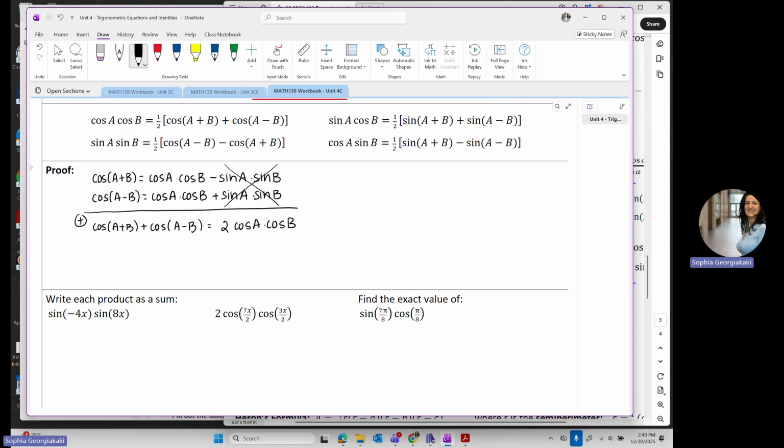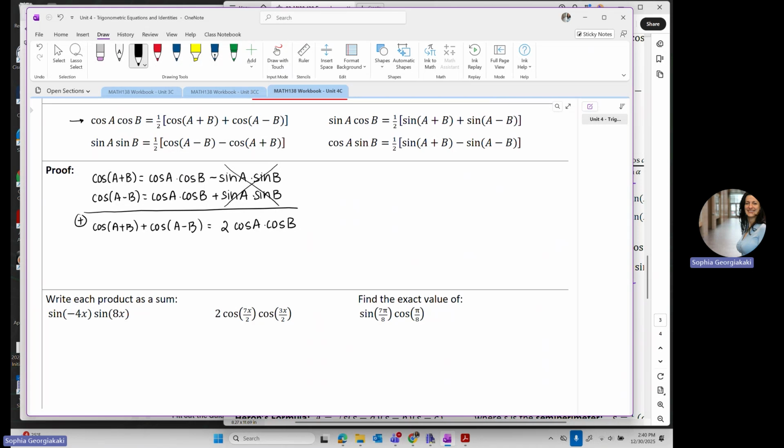And that will give rise to the first formula that the product of two cosines of different angles equals 1/2 the sum of the cosine of the sum angle plus the cosine of the difference angle.